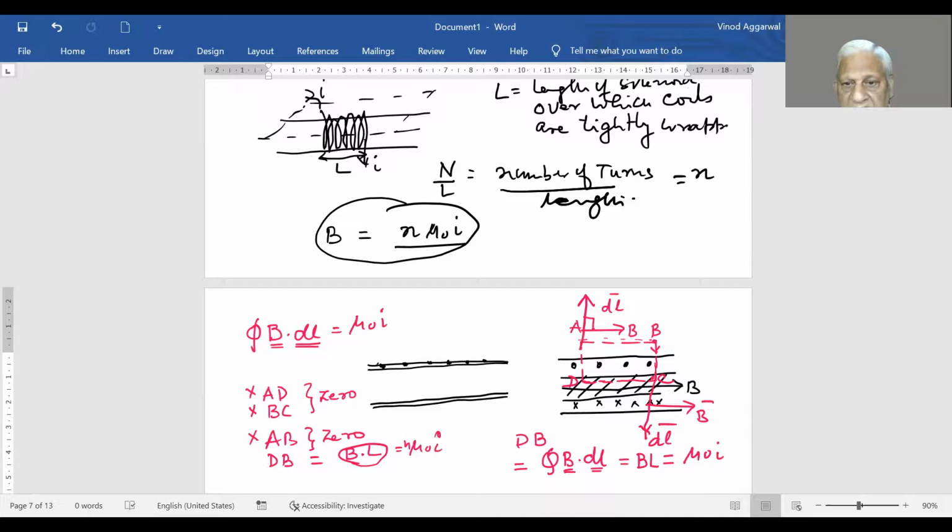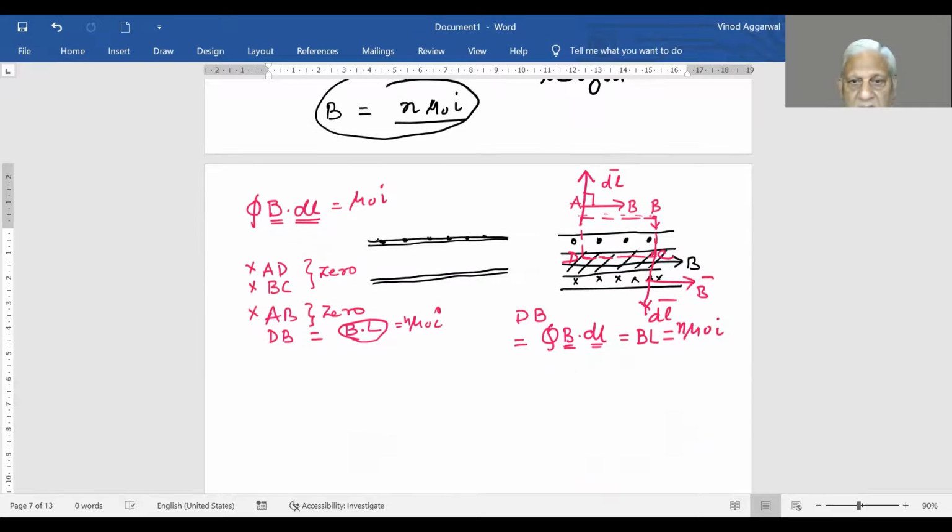And let us say if there were N number of coils, then this gets multiplied by N. So our B becomes mu naught N I over L, if we write N as the total number of coils. This we call small n.